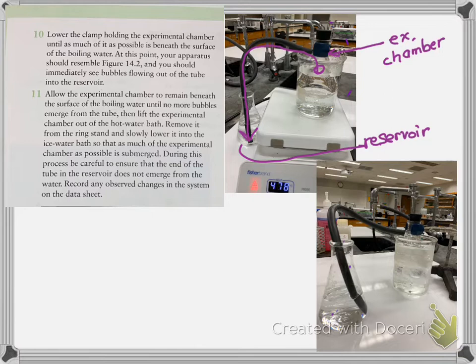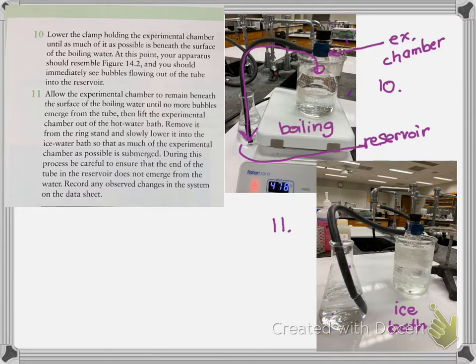Now, once this all bubbles, eventually it stops bubbling. Once it stops bubbling in step 11, so this is step 10, and then in step 11, they want us to put it into the ice bath. So here, this is the ice bath, and up here it's a boiling water bath.